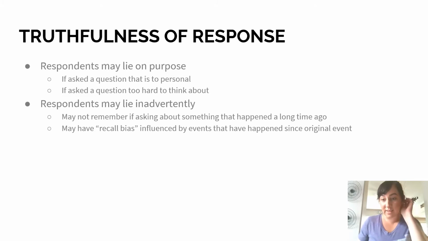They're not telling you the truth on purpose, and it could be because you're asking questions that are too personal, or that they're ashamed of. They don't feel comfortable telling you the truth about that. And other times, people could just make up something because they don't actually know the answer. It's too difficult for them to search for the answer for you.